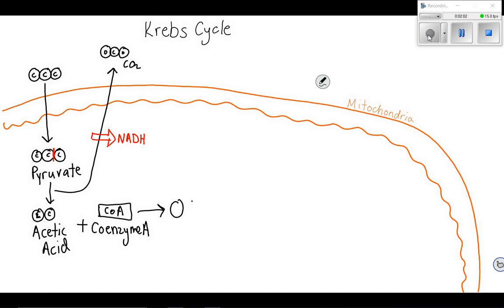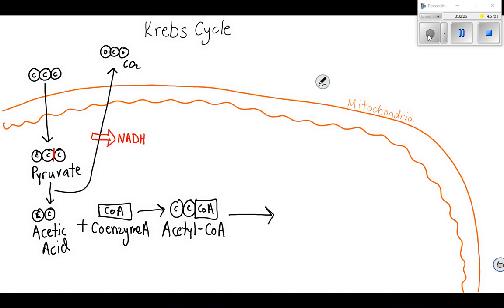So it has our same 2 carbon atoms bonded to coenzyme A, and it is called acetyl-CoA. No E. Now this acetyl-CoA is getting ready to enter the Krebs cycle.